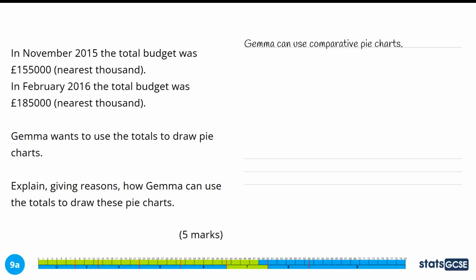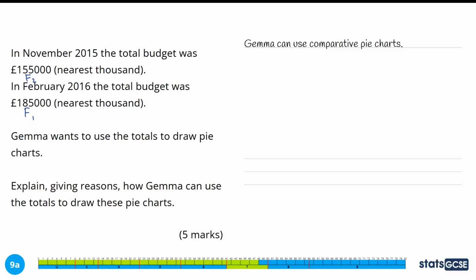With comparative pie charts, the areas are proportional to the frequencies, and we need to work out how much bigger one of the pie charts is going to be than the other one. So we're going to have our frequency 1 going to be this 185,000, and our frequency 2 is going to be the 155,000.